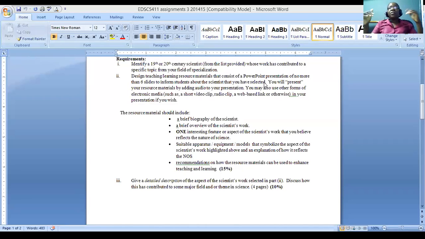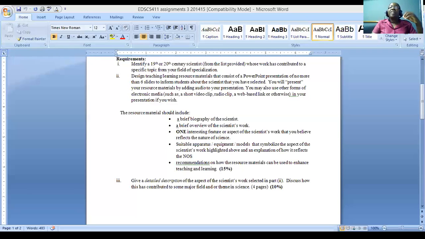So I might have chosen as a symbol a periodic table, right? And it would be pretty easy to talk about how that symbolizes the aspect of the scientist's work. The periodic table is central to the work of the scientist, so explaining that part would be pretty decent.